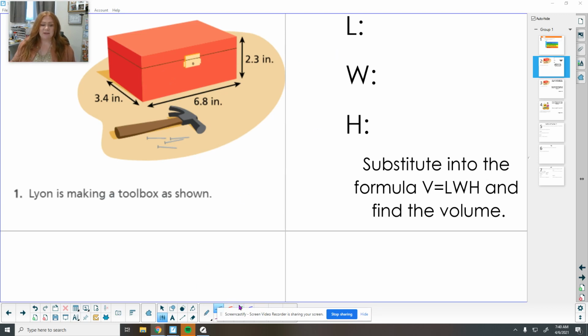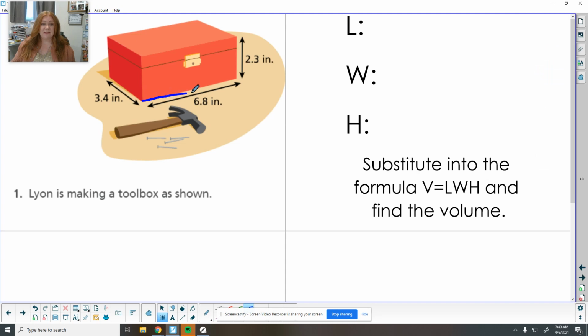So let's list out the dimensions that we know. We know the length here is 6.8, our width going backwards is 3.4, and then the height from bottom to top is 2.3.